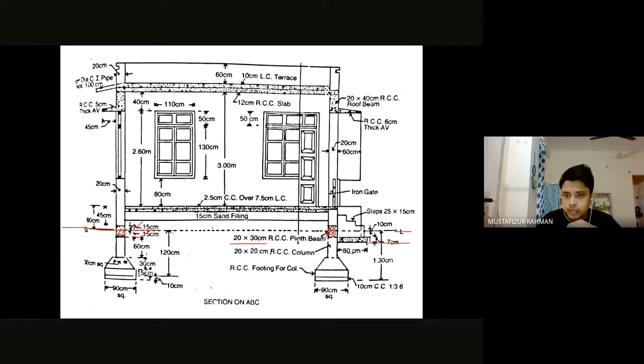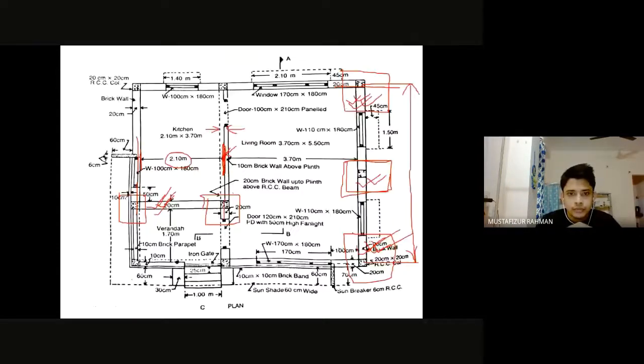Okay, then 80 centimeter is this breadth, and what will be the length that we will get from this plan? This one. These steps are 1 meter, you can see. Then there are some side walls 30 centimeter and 30 centimeter.